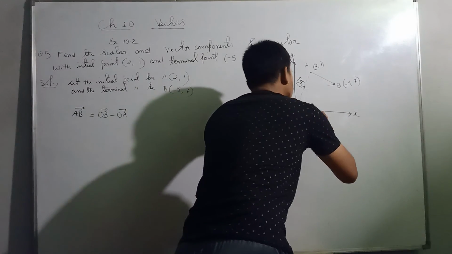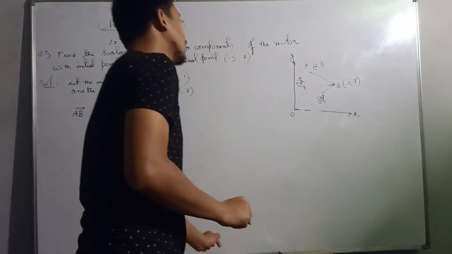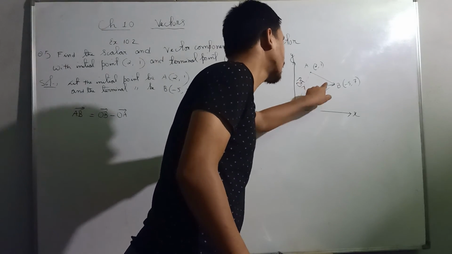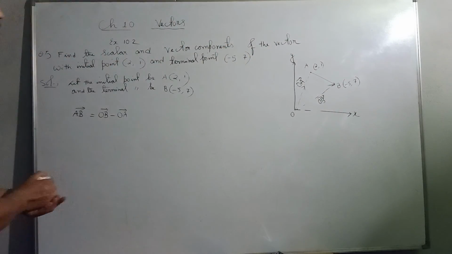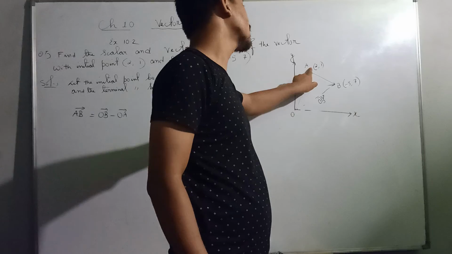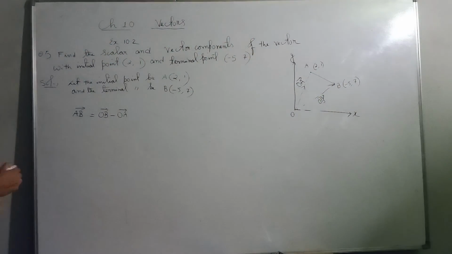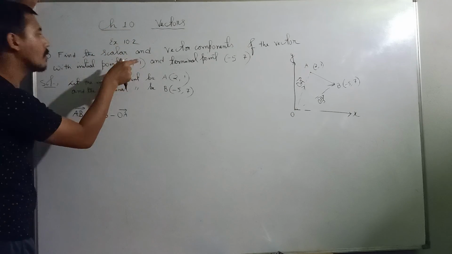Now, position vector of B will be given by vector OB. So you need to find out the scalar and vector component of this vector here. This vector with this initial point and final point, okay? Because this is the only vector with this initial point and final point, this one, right? Okay? Yes. Find the scalar and vector component of this vector.